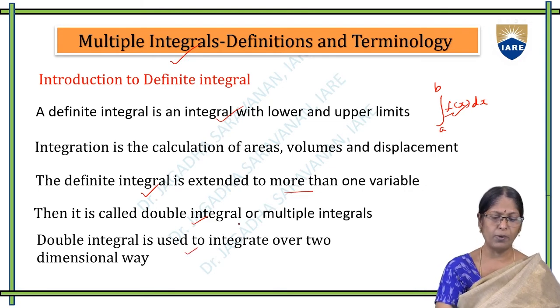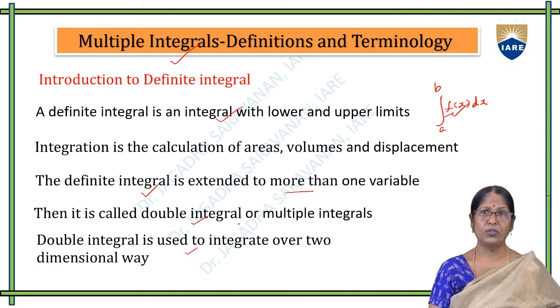Now, what is the usage of this double integral? It is used to integrate over two dimensions, in a two-dimensional coordinate system. This double integration is used to evaluate the area.